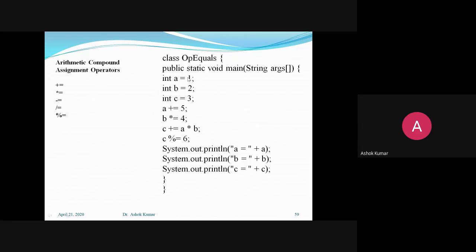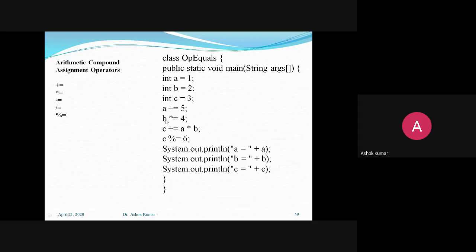So we have 3 variables in this program, a, b and c. I have initialized the values of a, b and c with 1, 2 and 3 respectively. Here we have written a plus is equal to 5. This expression will add 5 to the value of a. The value of a is 1 already, so adding 5 changes it to 6.